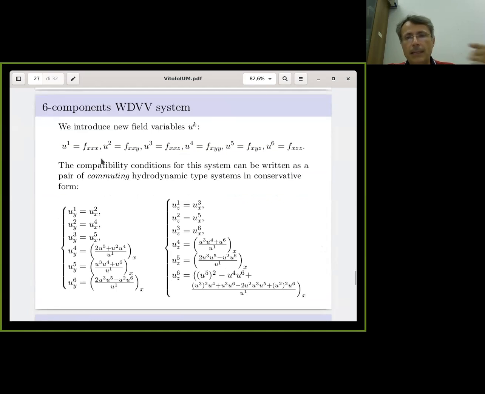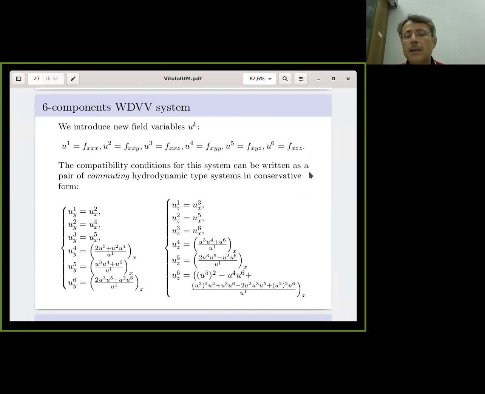And then this is again a trick which I read in a paper by Ferapontov and Mokhov. The trick is that you introduce new variables. These variables correspond to derivatives of x which contain at least one x derivative. And here there are 6 in this case. And then you have several compatibility conditions.